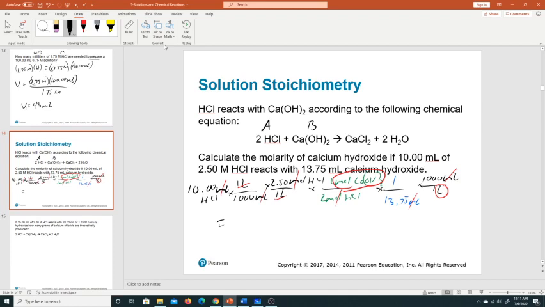We need 3 sig figs. That number 2.50 has the fewest number of sig figs. So 0.909 molar Ca(OH)2, calcium hydroxide. That is the molarity of that solution.